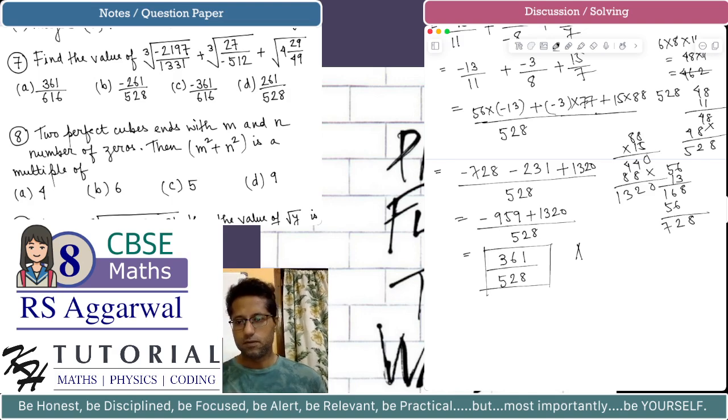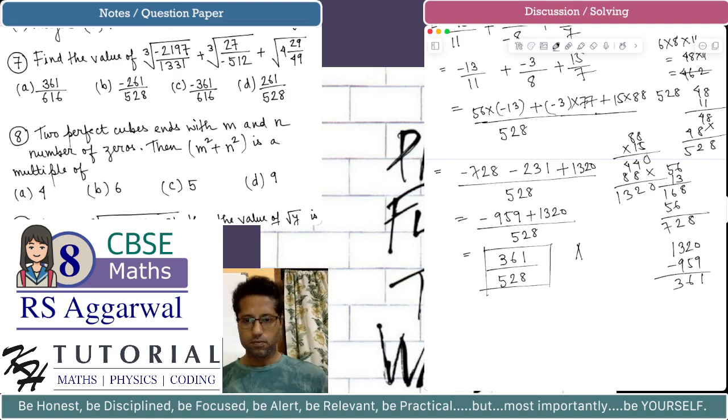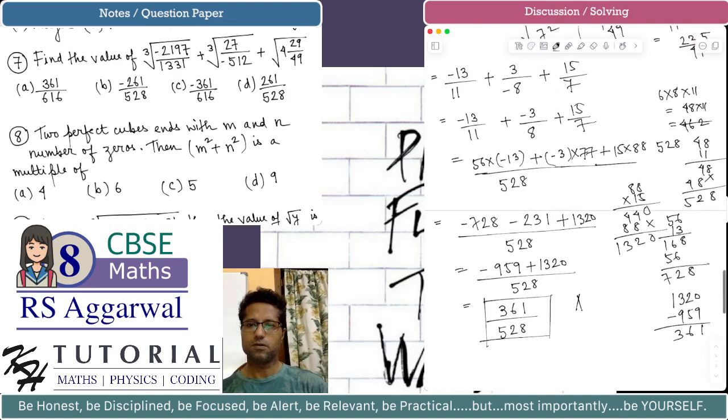How much is 1320 minus 959? 361. The answer is coming out to be 361 by 528, but it is not given in the choices. There is 261 by 528 and minus 261 by 528. What is wrong?